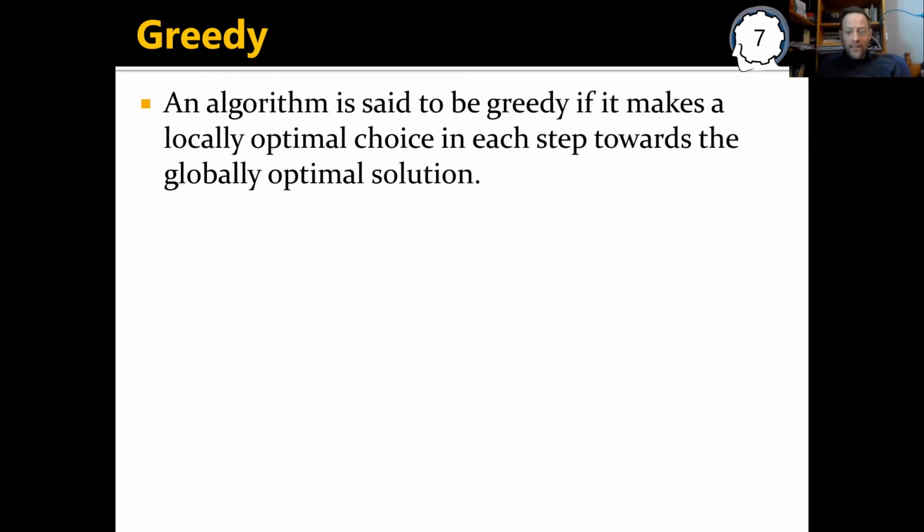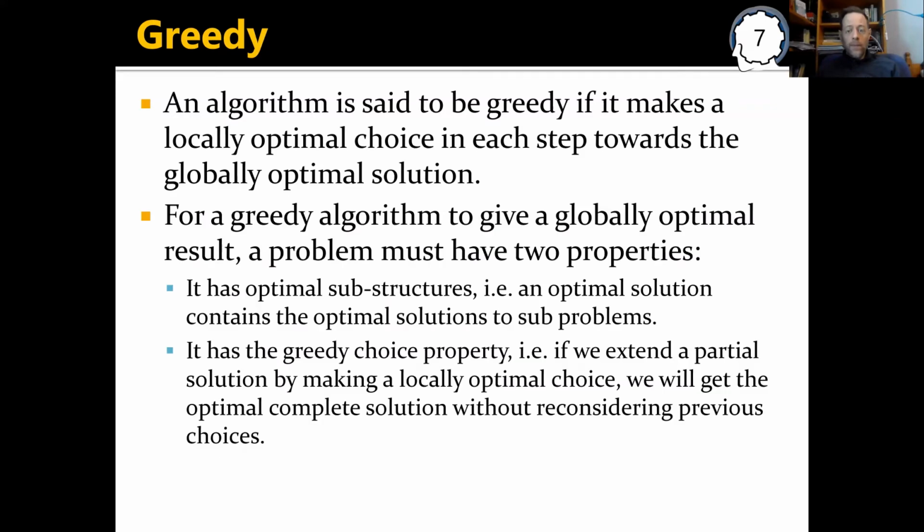Okay, so now we come to the next paradigm, which is greedy algorithms. A greedy algorithm is an algorithm where, if you make locally optimal choices in each step, you still end up in a globally optimal solution.